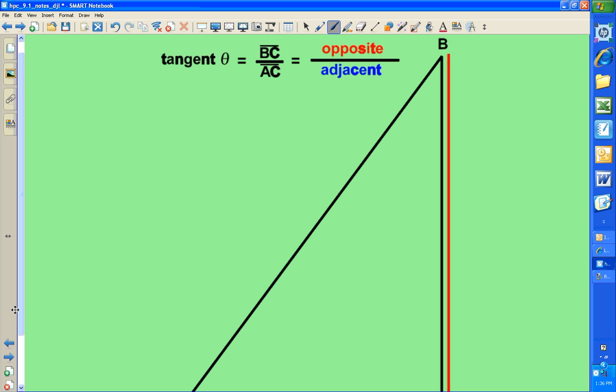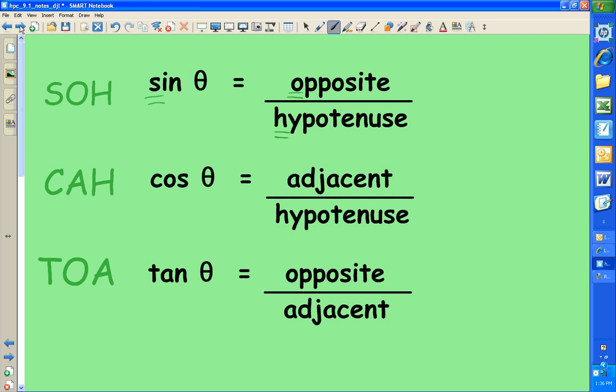Everybody good on the big 3? I know it's a review, we're not trying to beat it to death. Sine, cos, tangent. You might remember SOHCAHTOA. That's all related to the big 3. If you're not familiar with SOHCAHTOA as a word, just put these 3 things together.